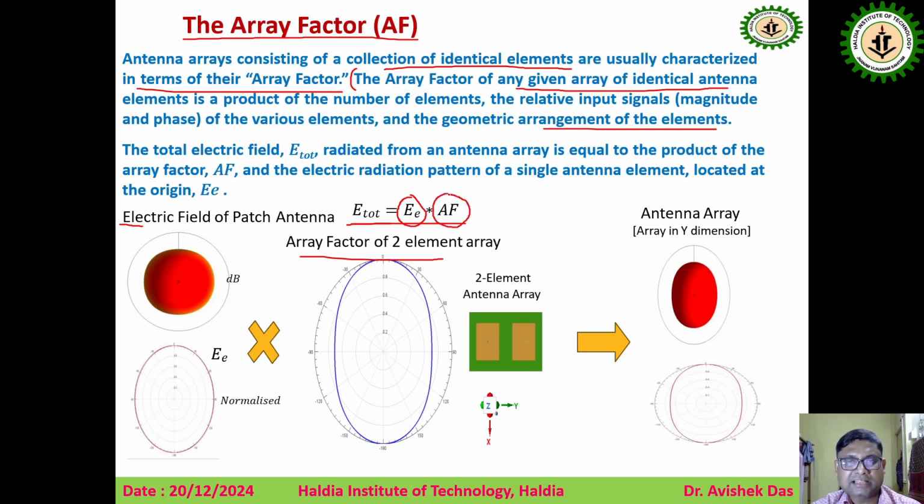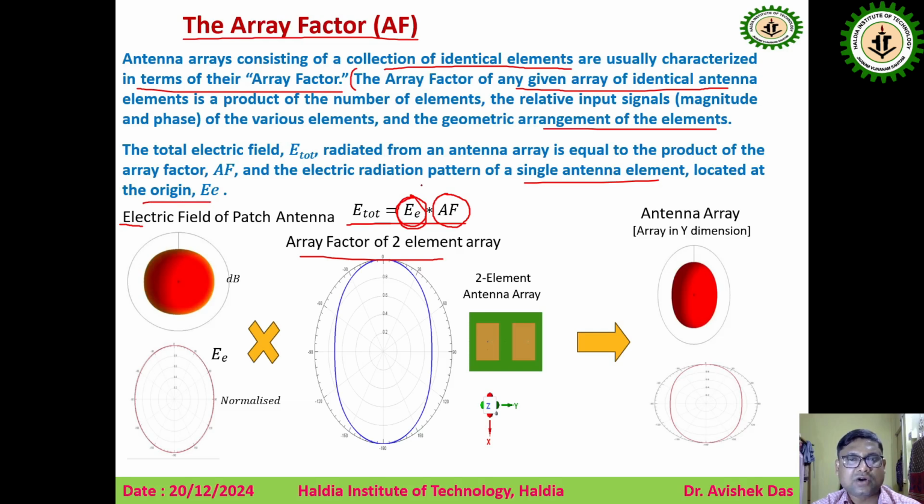If we multiply the array factor with the pattern of each individual element, then we will get the total radiation. Here it is written: the total electric field E total radiated from an antenna array is equal to the product of the array factor AF and the electric radiation pattern of a single antenna element located at the origin.